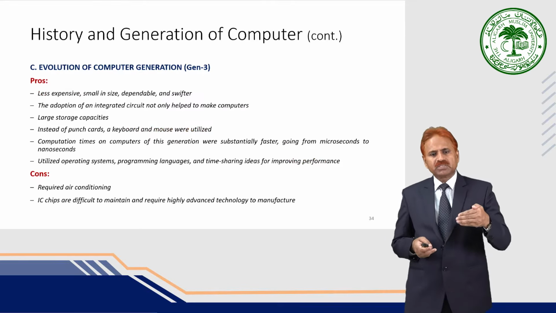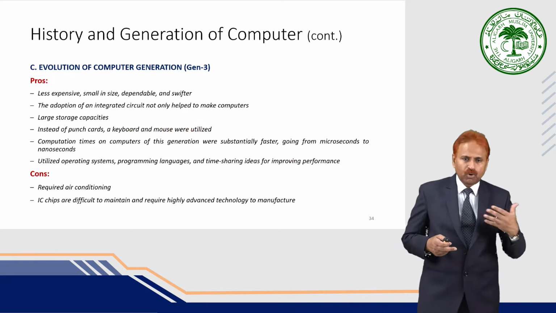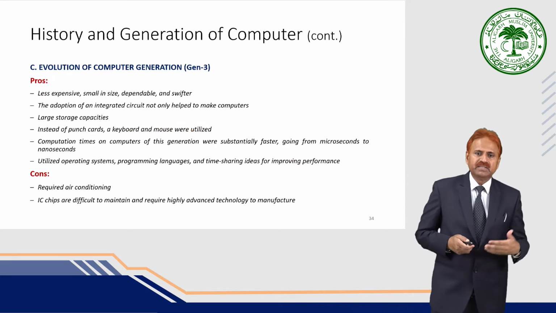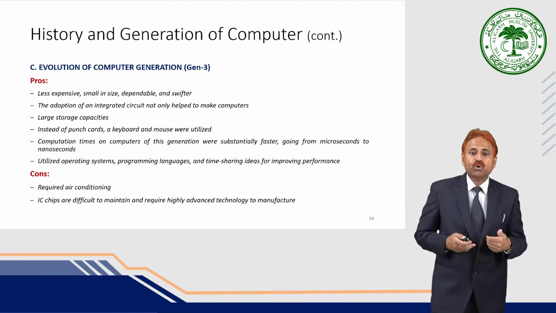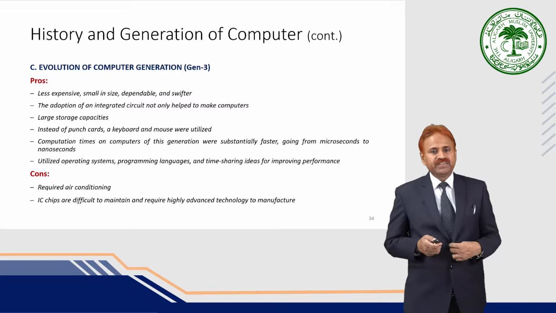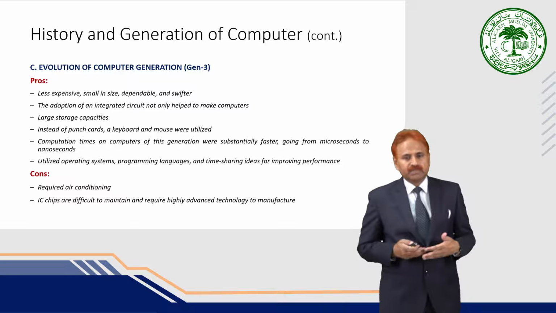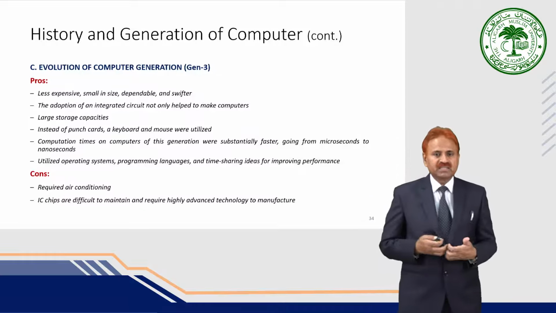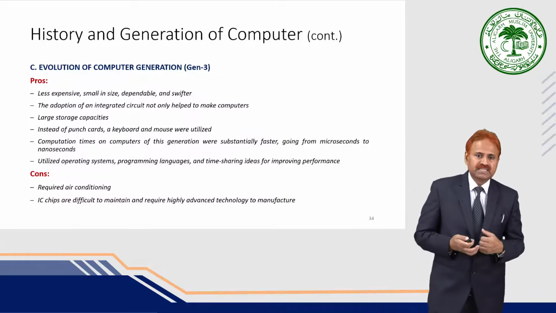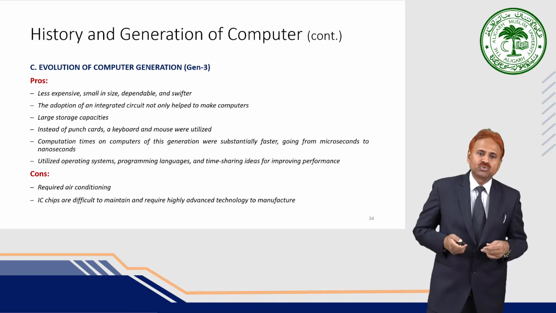If you talk about the pros and cons of the third generation computers, the pros include that they are less expensive, smaller in size, and more dependable and swifter. The adoption of integrated circuits not only helped to make the computers faster and smaller in size, but also allowed us to have a large storage capacity.